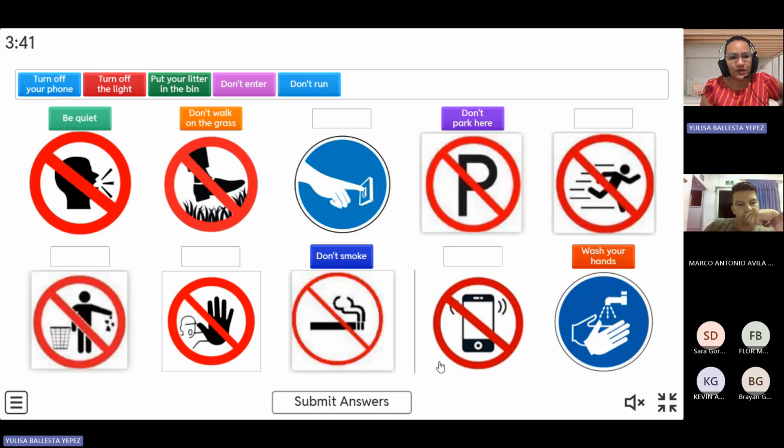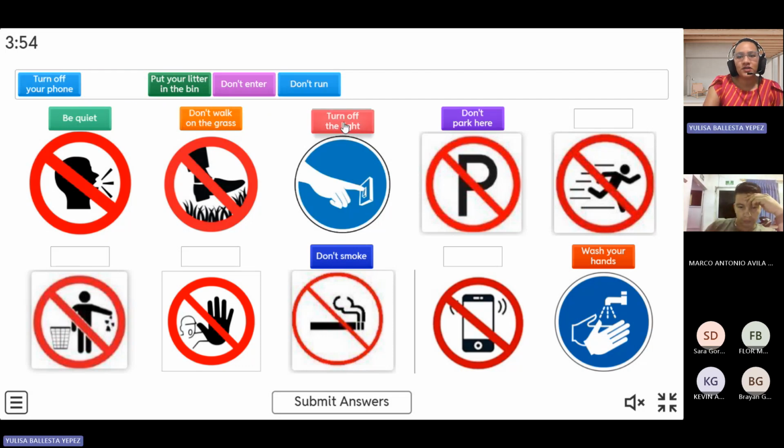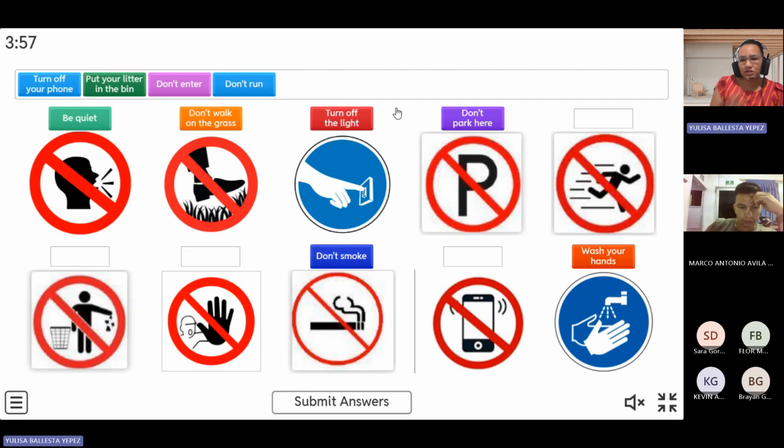Sarah, one number and one phrase, please. Number 3, turn off the light. Yes, very good. So this picture is not like a place, but maybe when you should do this kind of action.